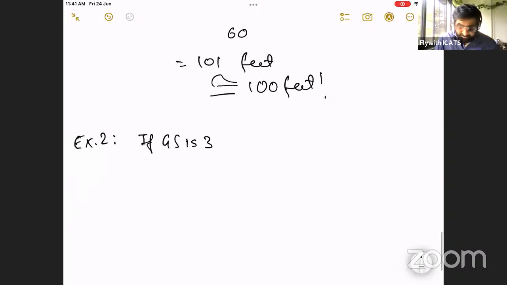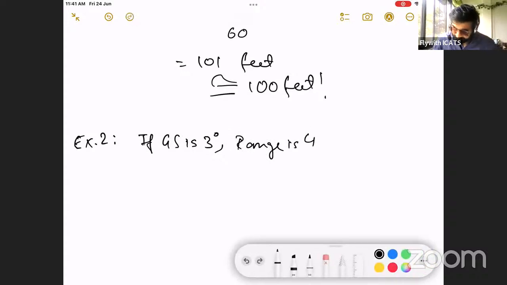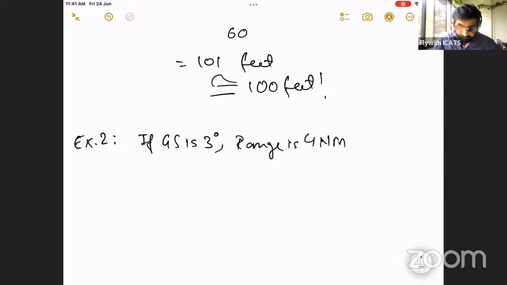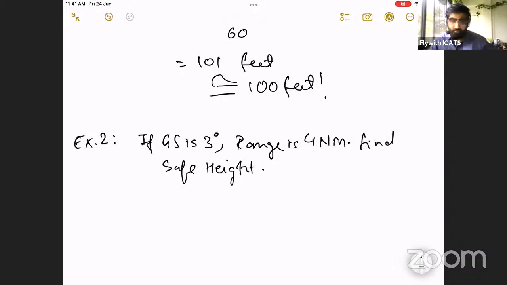If glide slope is 3 degrees, range is 4 nautical miles. Find safe height. No options, just give me the direct answer. Quickly. Time yourself.